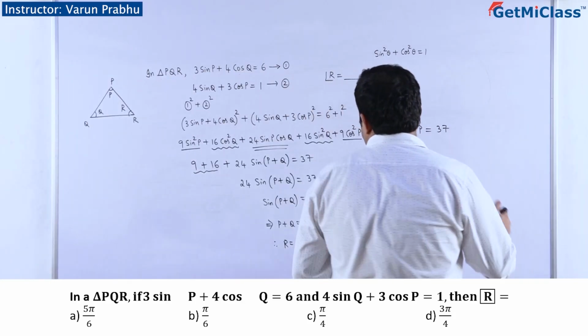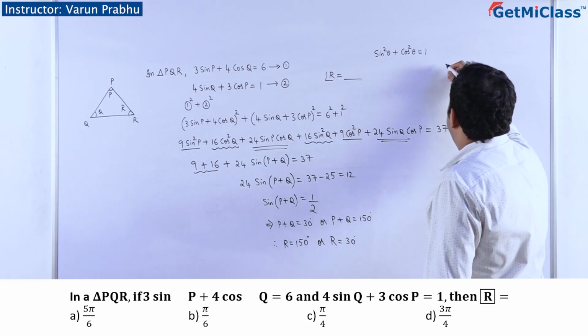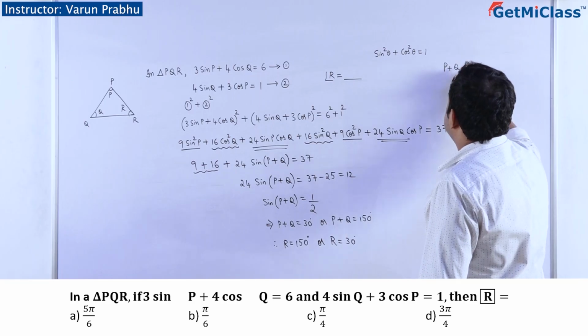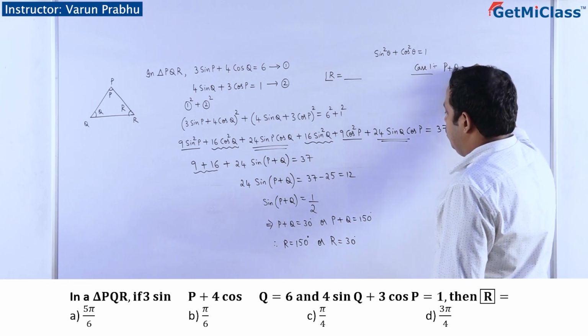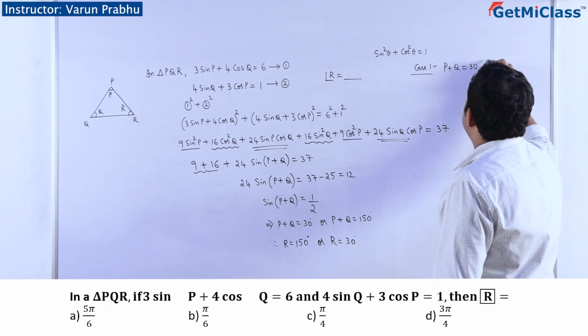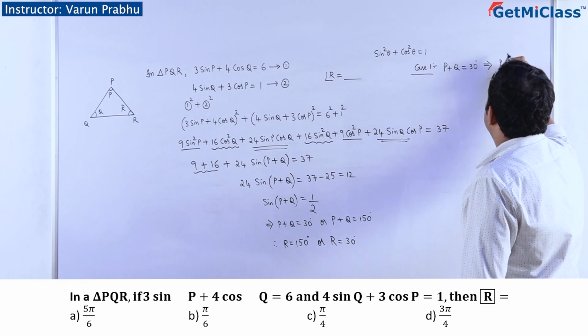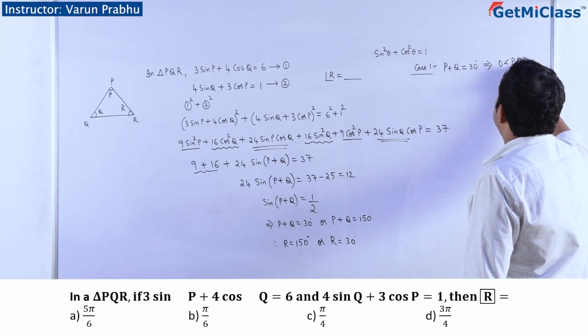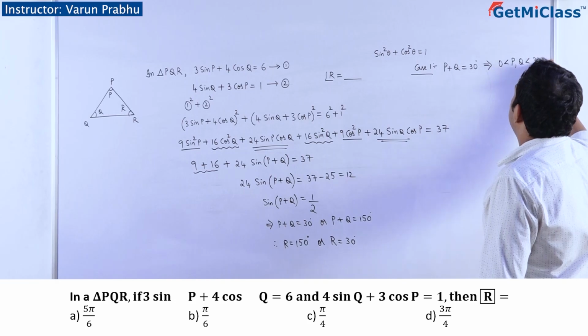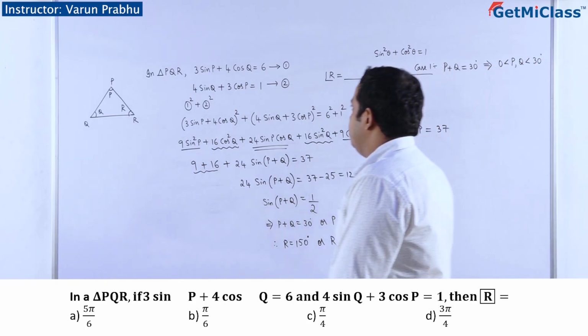Let's say, case number 1, we'll analyze case number 1. When P plus Q is equal to 30 degree, it is understood that P and Q value must be greater than 0 but less than 30 degree, correct or not?